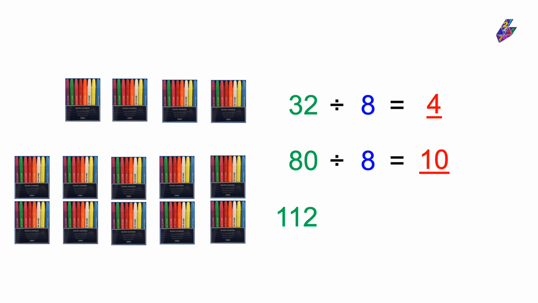So 112, which is the total of 32 and 80, and also the total number of pens we started with, divided into groups of 8, will produce 14 packs of pens. We can see the 14 from the 2 problems we worked out before that gave us 4 packs of pens and 10 packs of pens. So 112 divided by 8 equals 14.